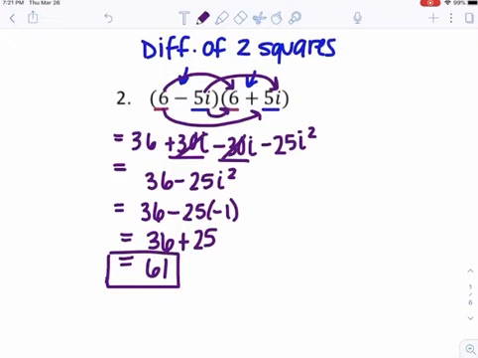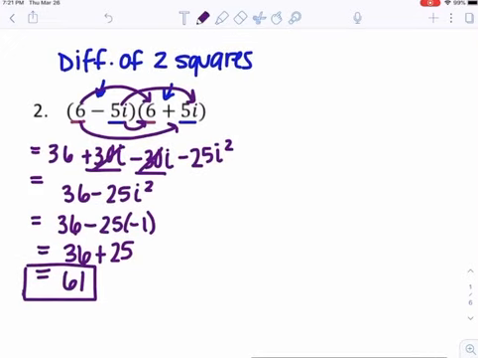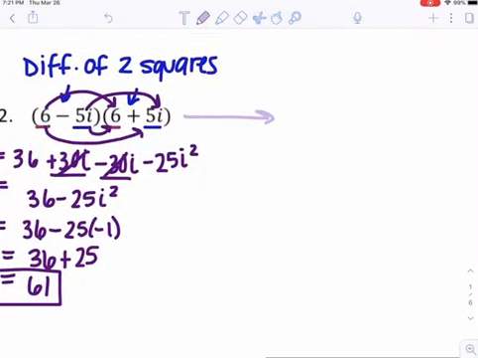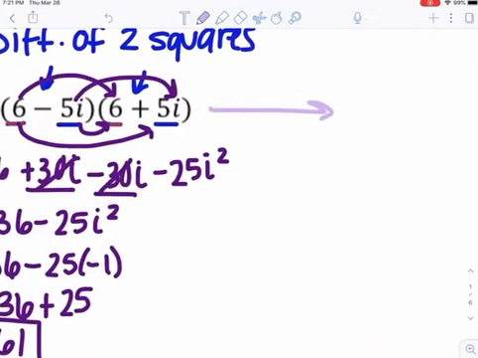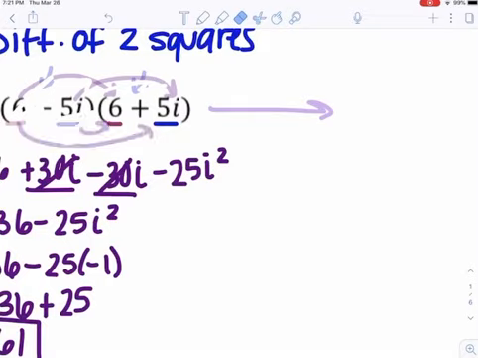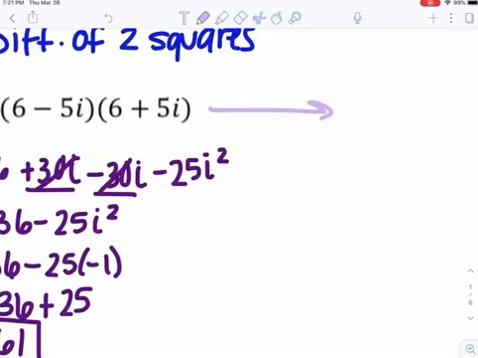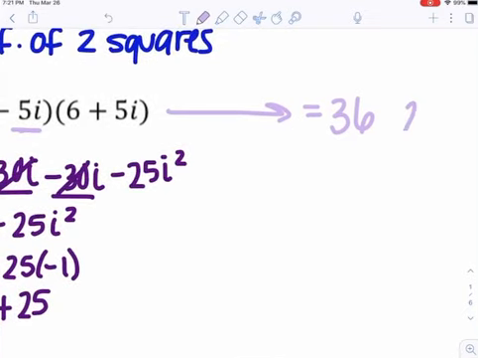Okay, so again, you can FOIL, or, I like shortcuts. I'm going to do the shortcut in this light purple over here. So remember, the shortcut is you square the first term. Okay, let me erase all this so it's easier to tell. So I'm going to square this first term right here. So I get 36. Then I'm going to square this term. Okay, so that actually becomes 25i squared, right?